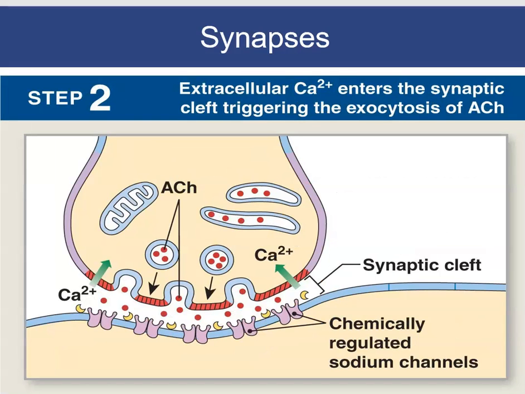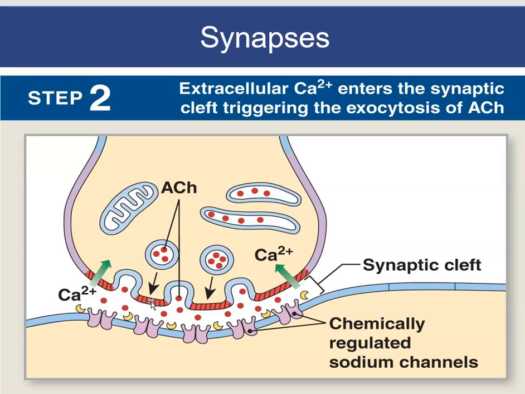As a result of being depolarized, calcium will enter in from the synaptic cleft, triggering the release of acetylcholine. This depolarization of the synaptic knob opens up calcium-gated channels, allowing this calcium to come in, and this is the signal for the release of the acetylcholine.